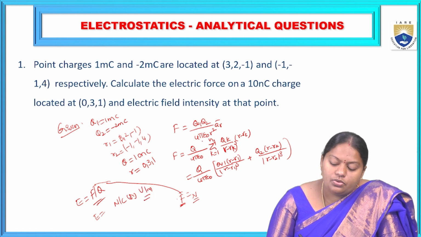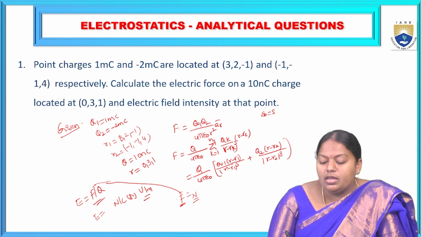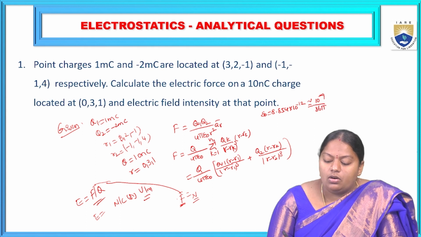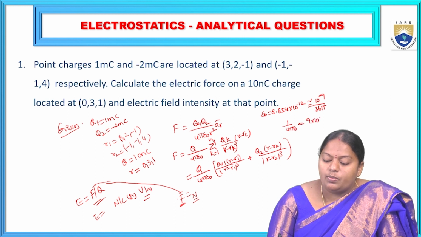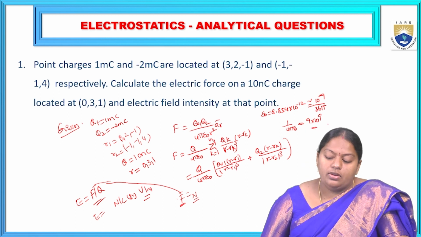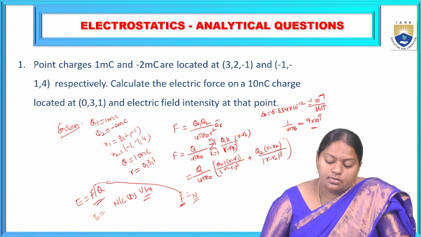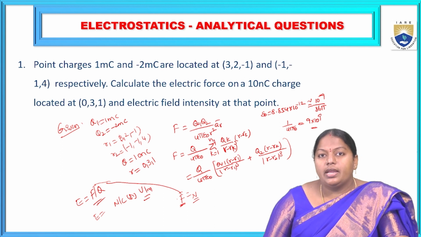And in order to substitute 1 by 4 pi epsilon naught, we substitute epsilon naught as 8.854 into 10 power minus 12, which is approximately equal to 10 power minus 9 by 36 pi. So 1 by 4 pi epsilon naught is taken as 9 into 10 power 9 meters per farad, and this value is used in place of 1 by 4 pi epsilon naught.